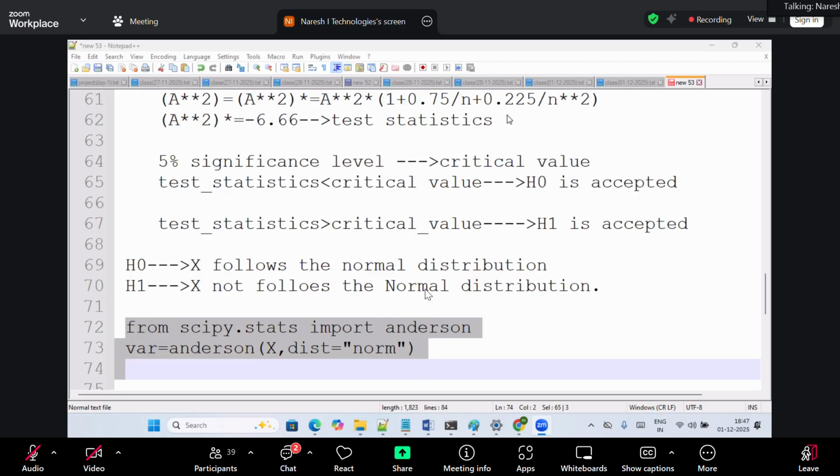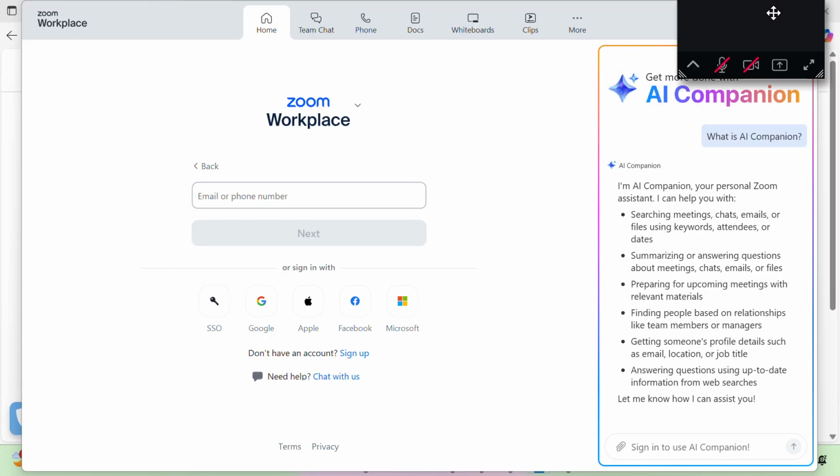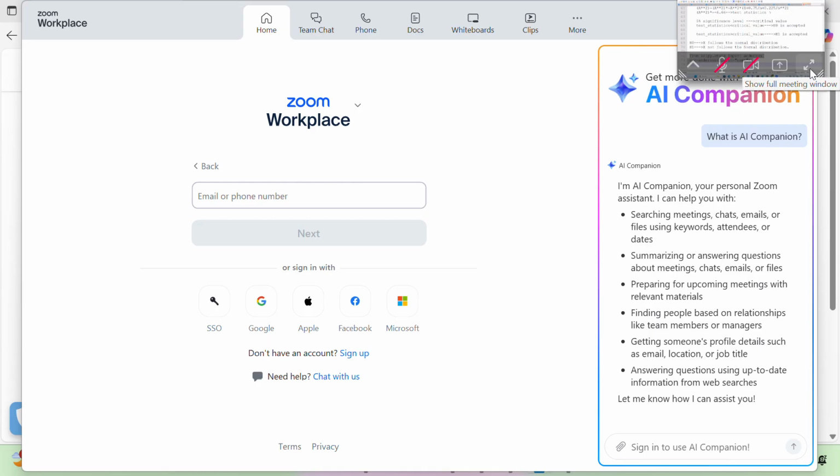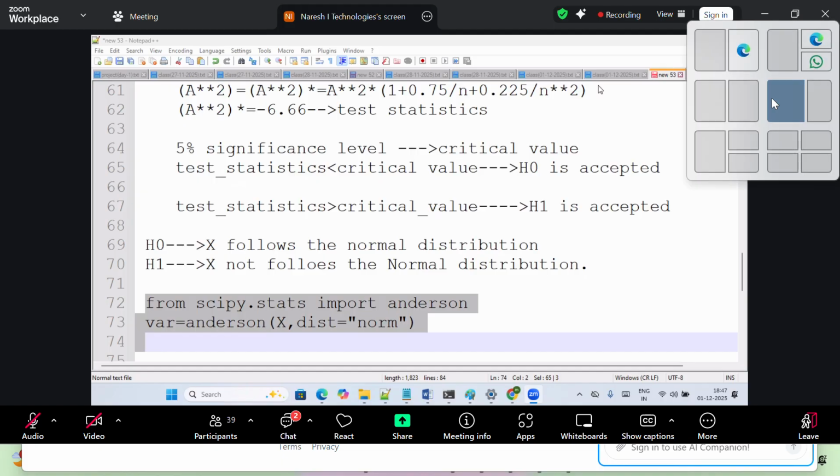So remember, guys, here we are checking with the critical values of the significance level. We are not exactly comparing with 0.05 here. We are comparing with the critical value of the significance level. Let me write down that point.